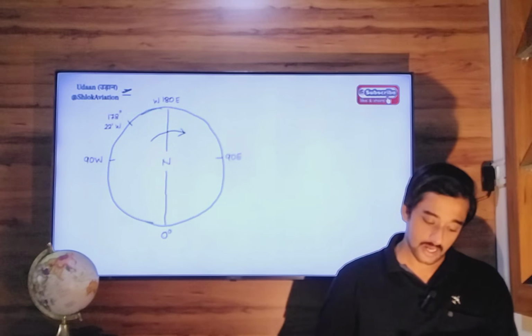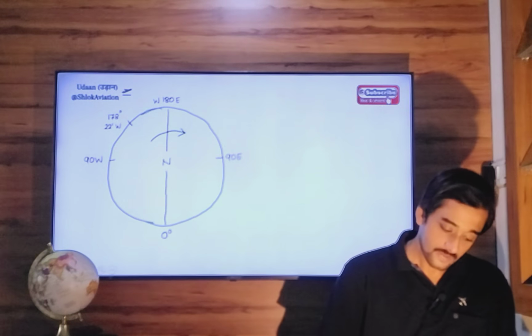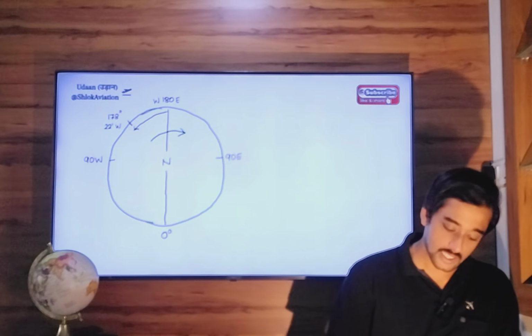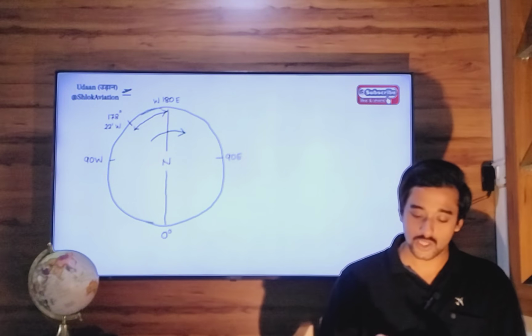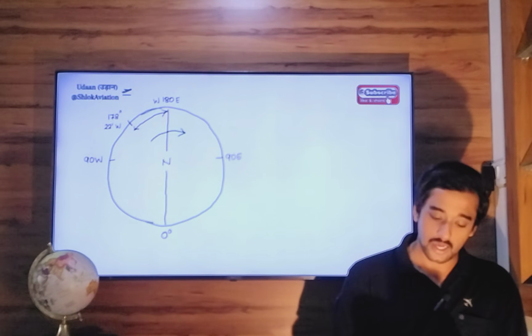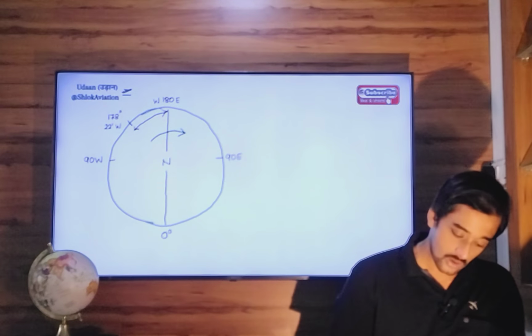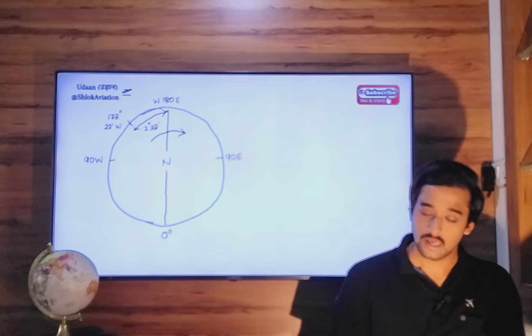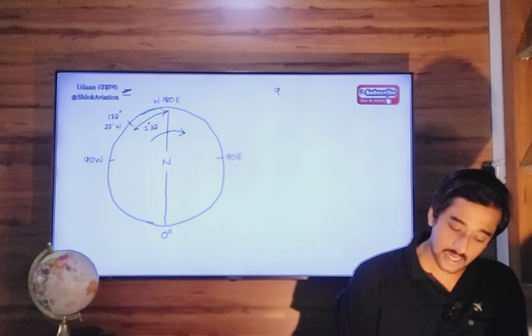So 178 degree and 9 degree. Now what is the difference between 180 degree west and 178 degree 22 minutes west? 180 degree minus 178 degree 22 minutes equals 1 degree 38 minutes. Right? Total d long is 9 degree.